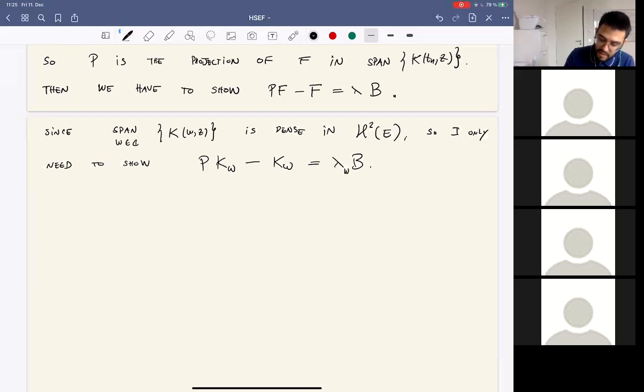That would be a lambda which would depend on W. So then we can do some linear combinations, let's say, like this, converging to F in the norm. Well, a projection operator is always bounded.